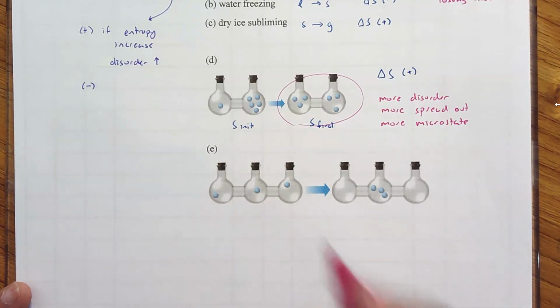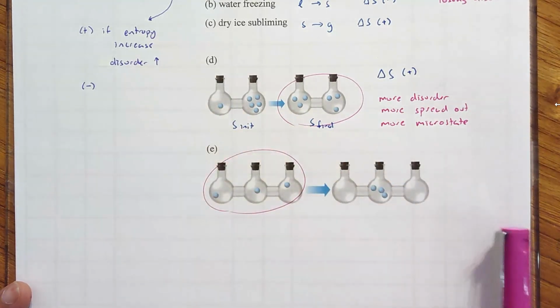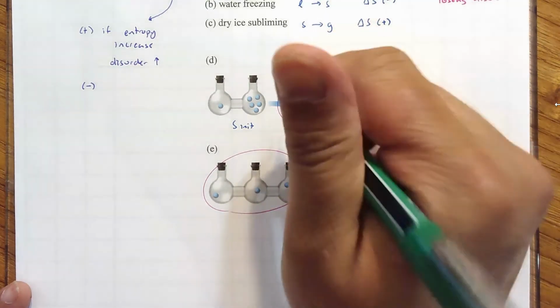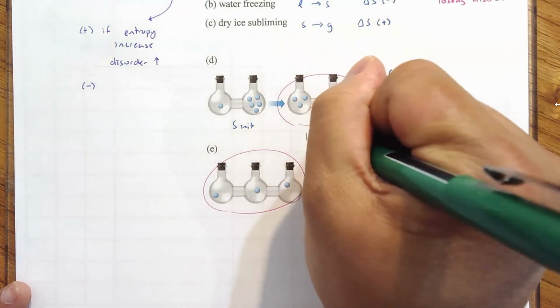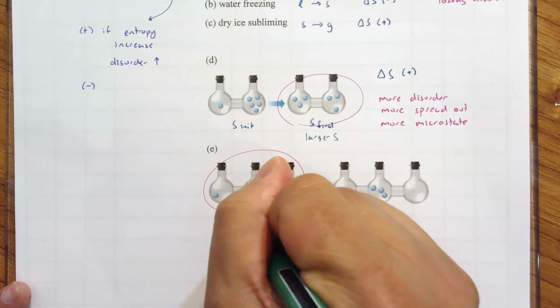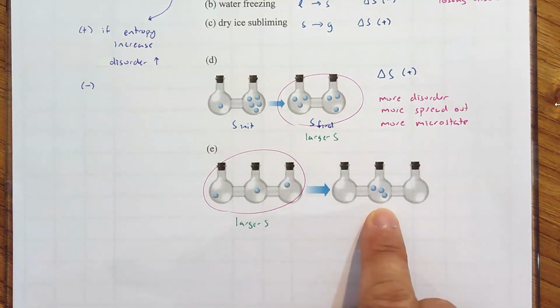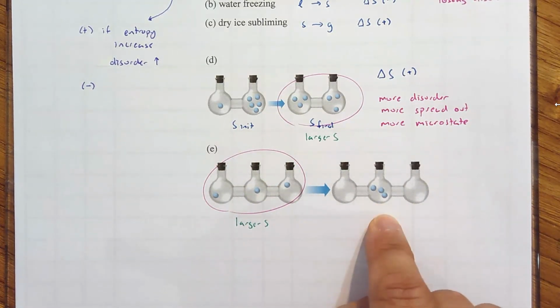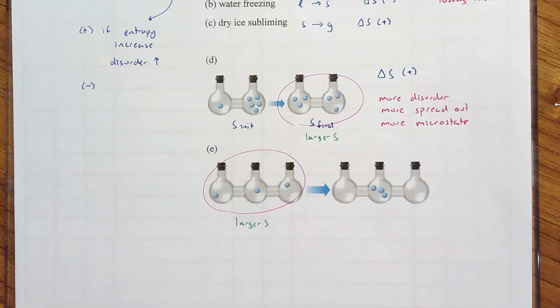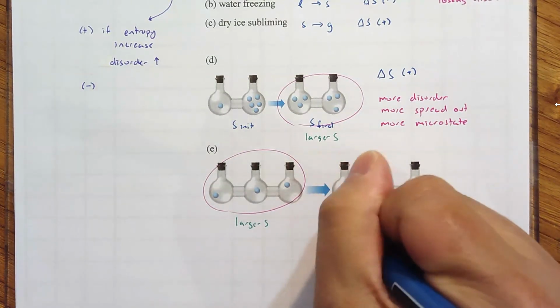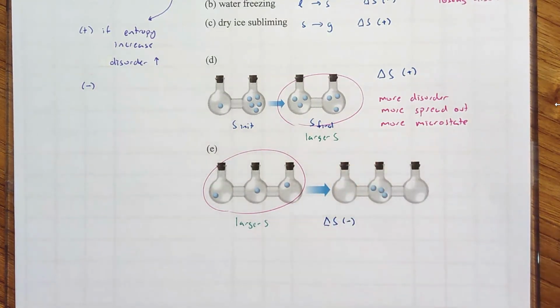There are more microstates here, so this has a larger entropy. Again, we could put here larger S, and in this case, the left side is a larger S. So the final state is a lower S. A low number minus a big number is a negative number. Delta S here is negative.